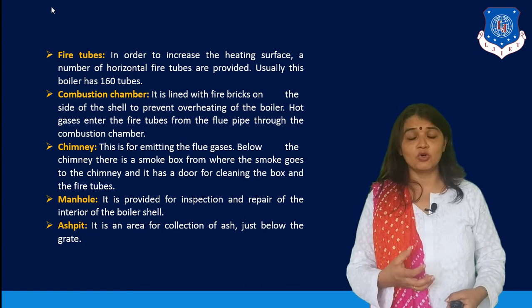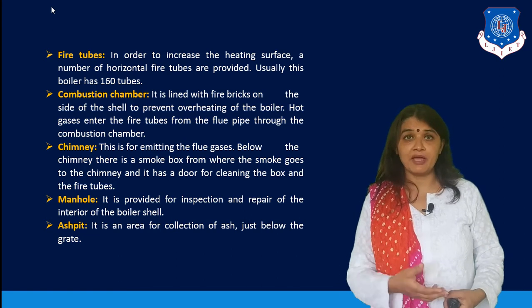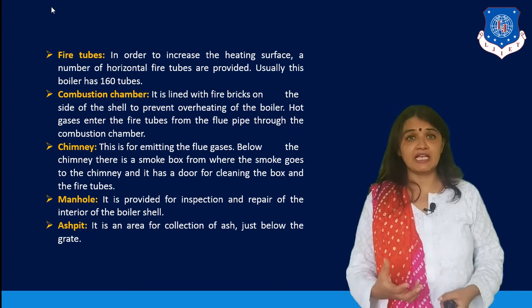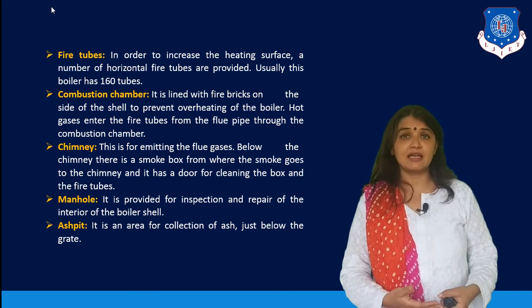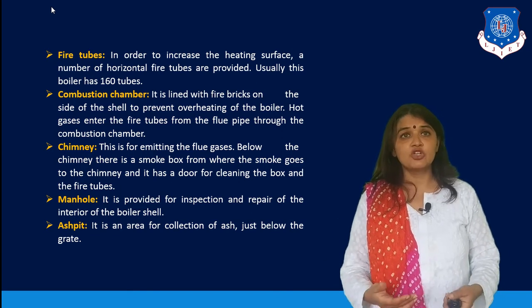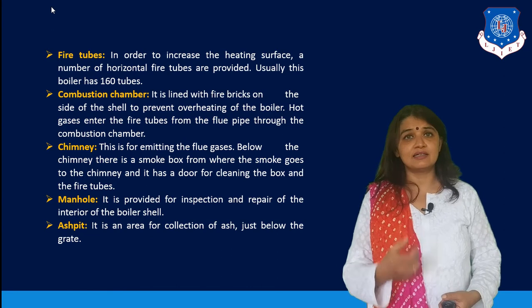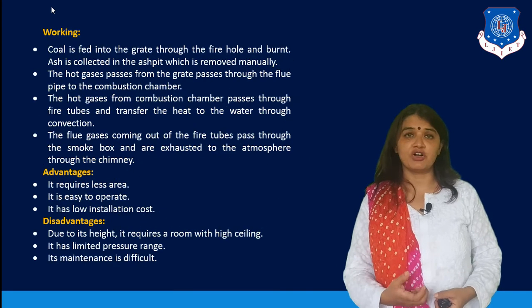Then we have the manhole, provided for repairing purposes, and the ash pit, which is located just below the grate and is used for collecting the ash. So each and every part is described along with its function.